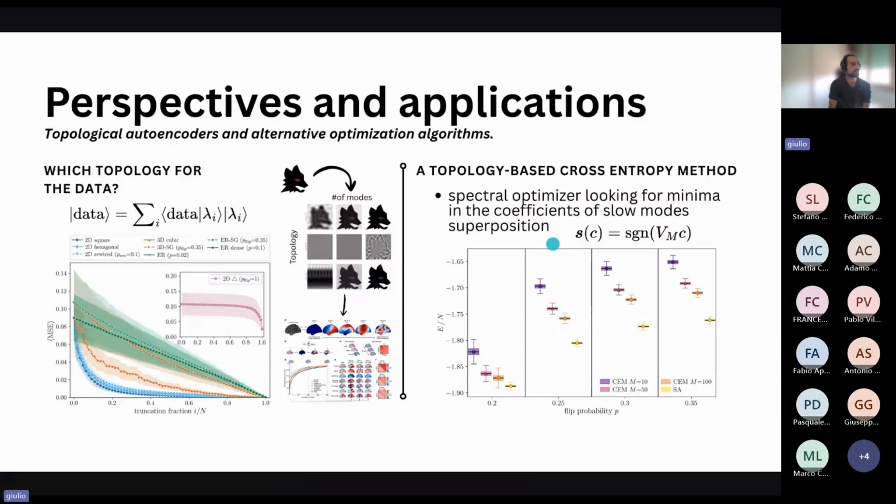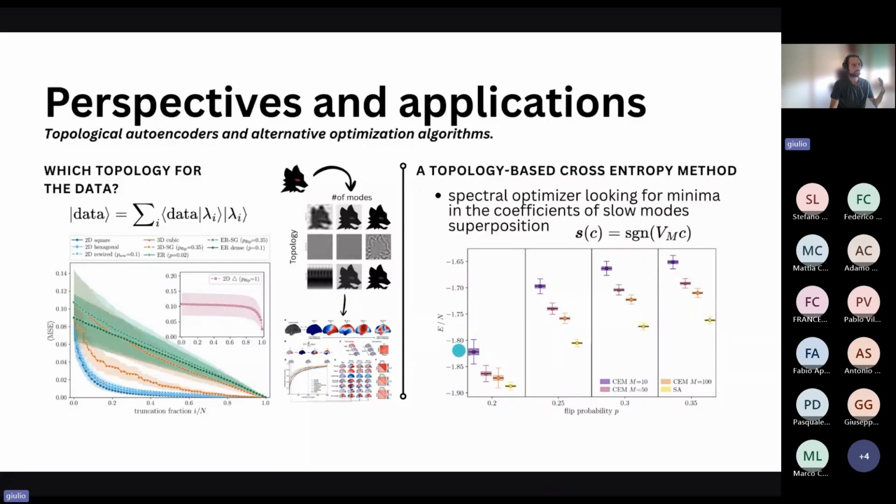And really the final results, all of this can be found in the two archive papers that are still, since long, under review, and it is a topologically inspired spectral optimizer, which is based on the cross entropy method. But now you move the problem of finding the minimum configuration onto optimizing the coefficients of the first M modes.